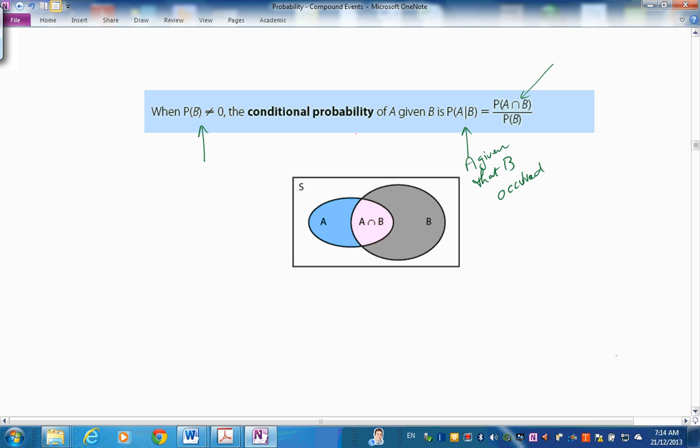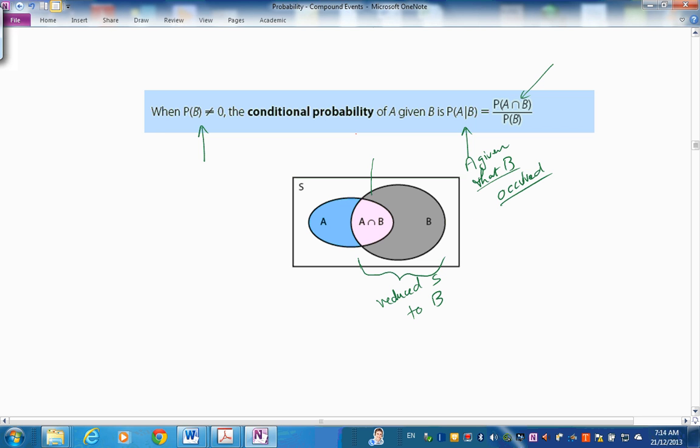Let's do it from the Venn diagram. Now we know that B's occurred, so it's somewhere in this group here. We've reduced S to B. We've reduced the sample space to just the set B, because we are given that B occurred. So B has occurred, so we're in this group B, and we want to know the probability of A occurring.